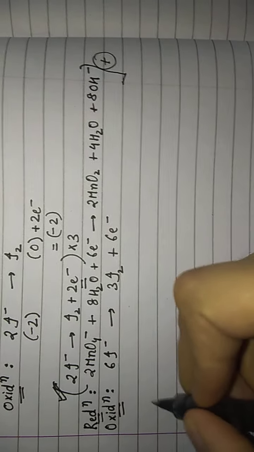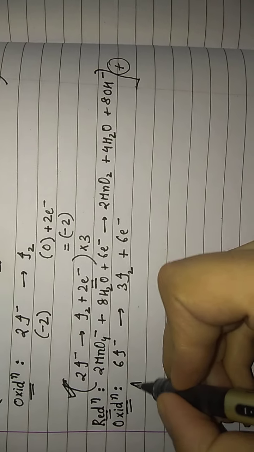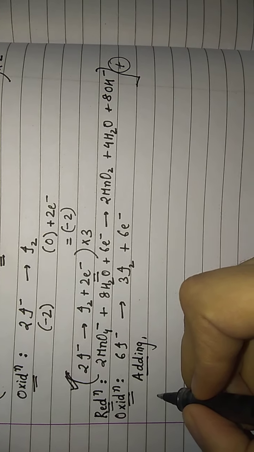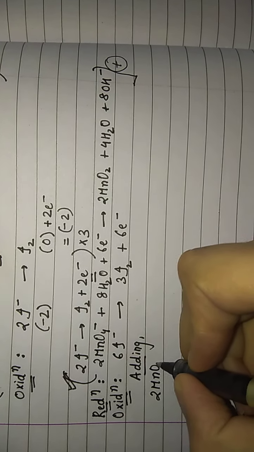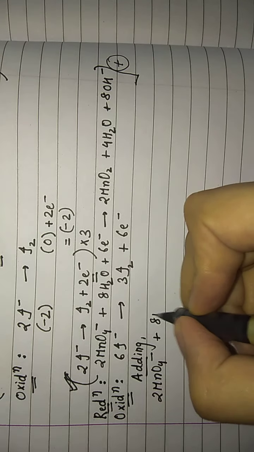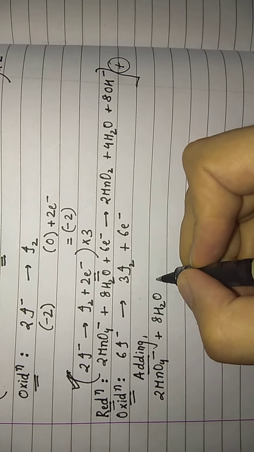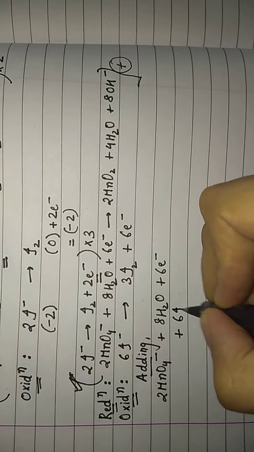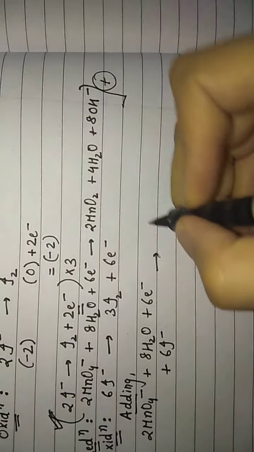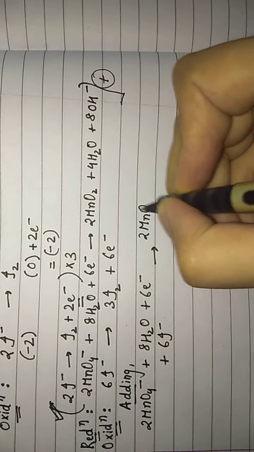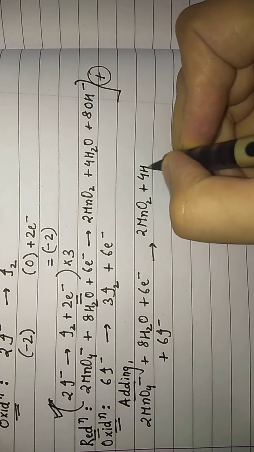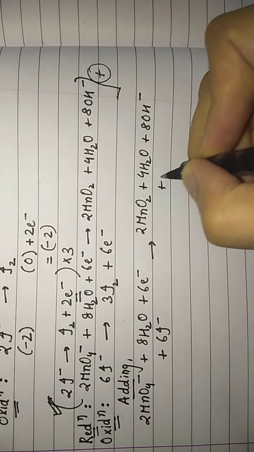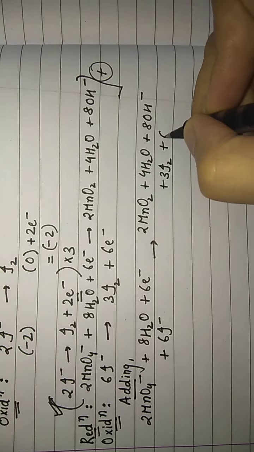So the final equation after adding will be 2MnO4 minus plus 8H2O plus 6 electrons plus 6I minus will give 2MnO2 plus 4H2O plus 8OH minus plus 3I2 plus 6 electrons.